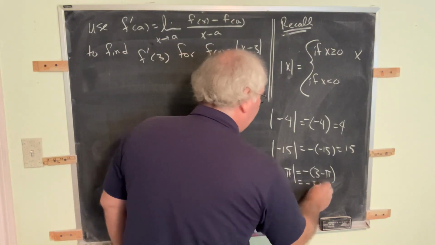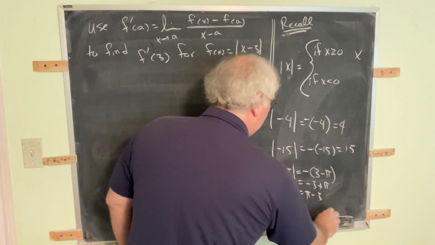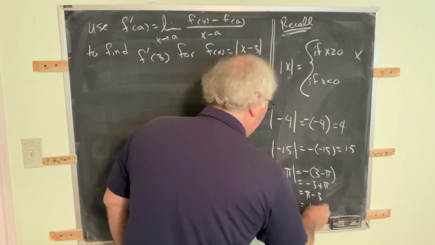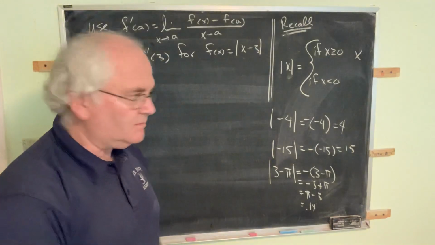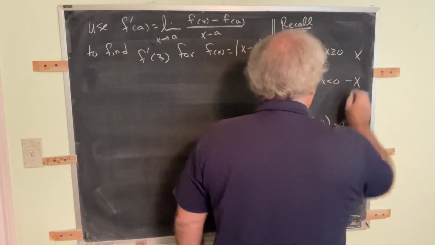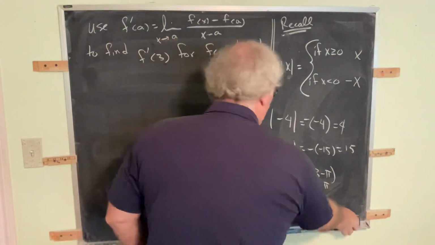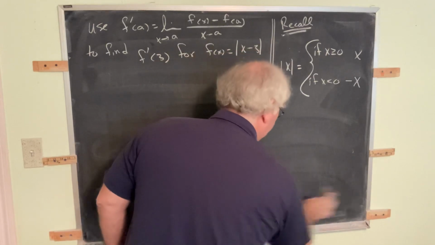This is -(3 minus pi), which is pi minus 3, which is approximately 0.14, and that was the correct result. So if the value in question is less than 0, you put an extra negative sign in front of it and simplify.